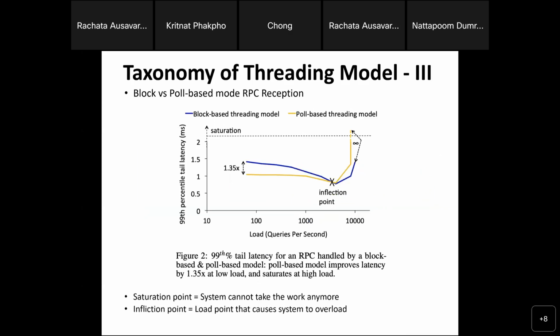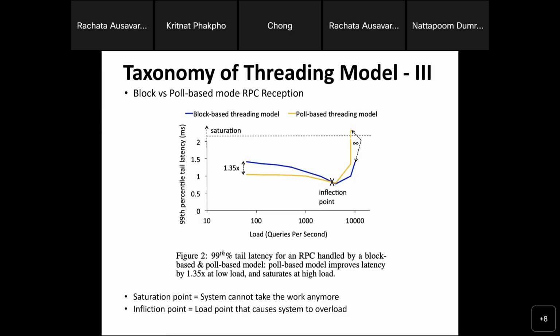The poll based usually makes sure that the response time, 99% tail latency over here, is lower, and lower is better. The blue line is block based, the yellow line is poll based. If the system is not flooded, poll based is better. If the system is super flooded, basically nothing works.